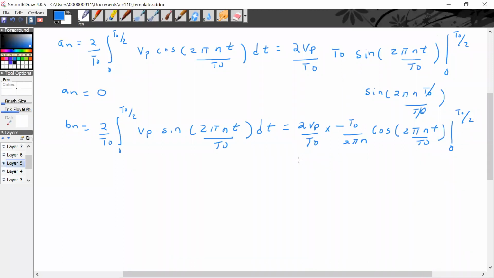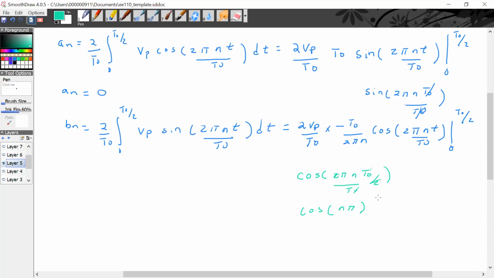Okay. So now let's just evaluate what's going on with the cosine. All right. So we have cosine 2 pi n t naught divided by 2 t naught, twos cancel, and we have cosine n pi, right?